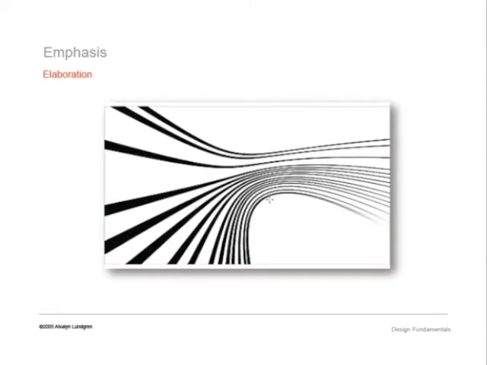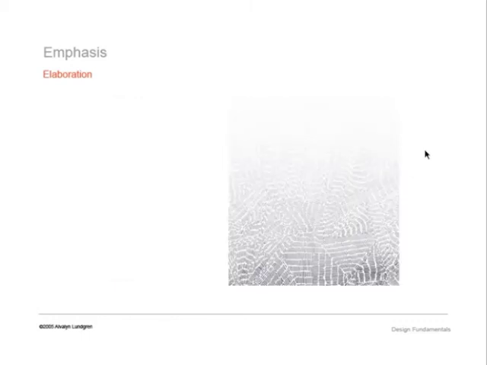So this transitional area is elaborating. And so we're starting with a theme, we're creating a variation, and then moving into a different theme. This is another pattern that uses line, and uses line in a sort of informally structured understanding to create a pattern that has a sense of visual texture to it.